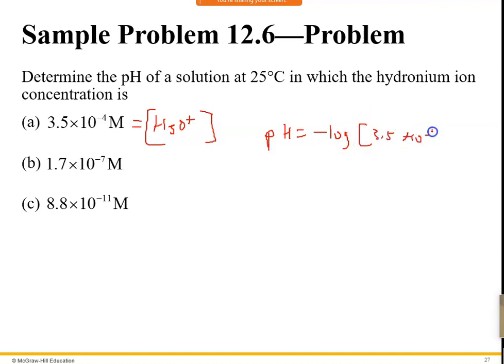Let me do it on my calculator real quick. Hold on one second, I have to go grab it. So you do the negative log of 3.5 times 10 to the negative 4th, and you get a pH equal to, rounding, 3.46.